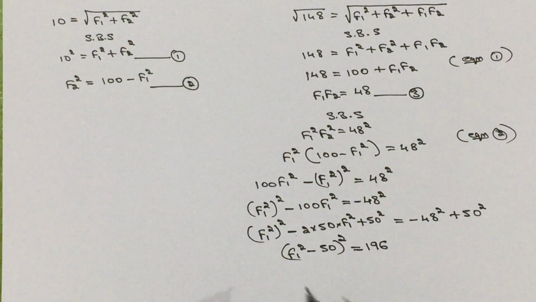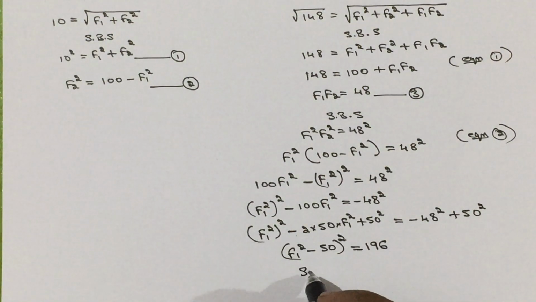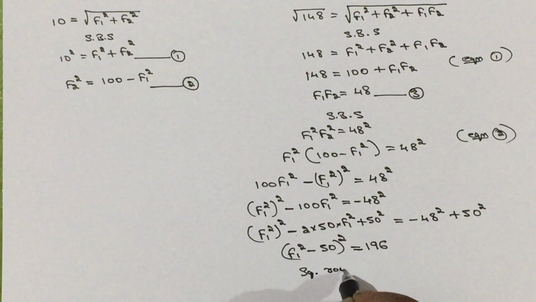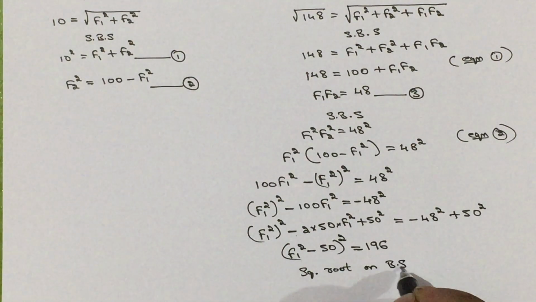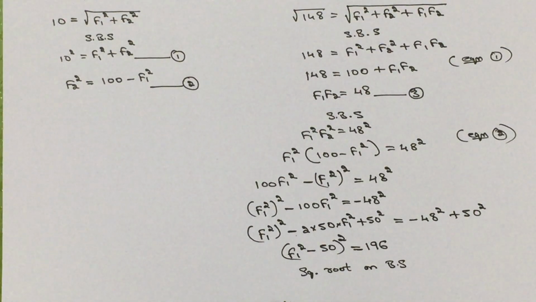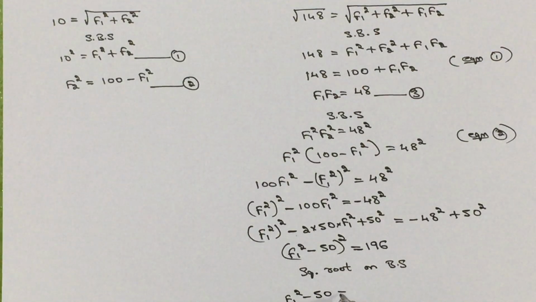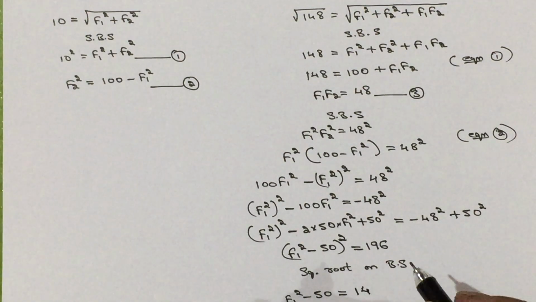So, taking square root on both the sides, we are going to get F1 square minus 50 equal to root of 196, which is 14.